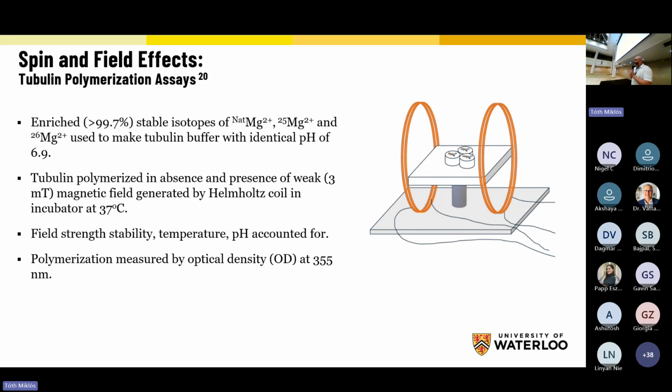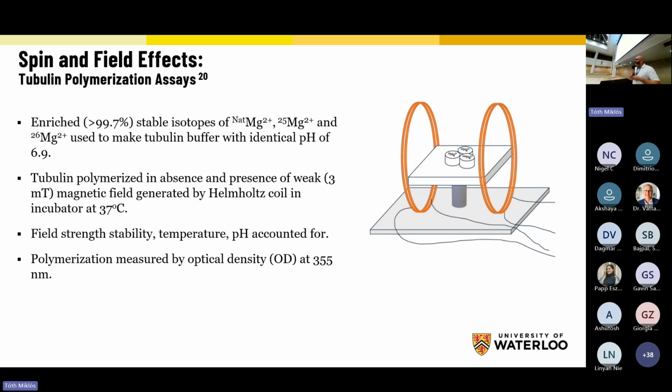By isotope concentration, I mean impurity concentrations very close to one another. My master's student at the time, Caleb Siguenza, made sure that we were placing the wells of the tubulin polymerization far enough away from the magnetic field coils such that there would be no temperature-dependent effects on the system.